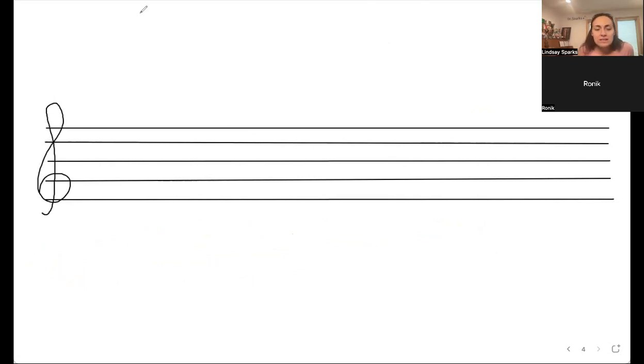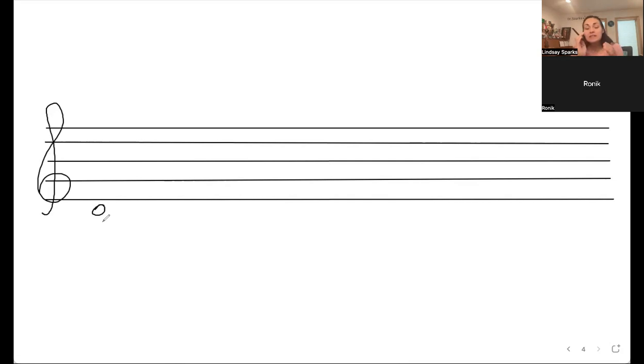So let's start on D again, and we'll take D minor. Now, the way that I like to think of the minor modes is I think of what's the relative major key signature. And the relationship between a minor mode and its relative major is a minor third.